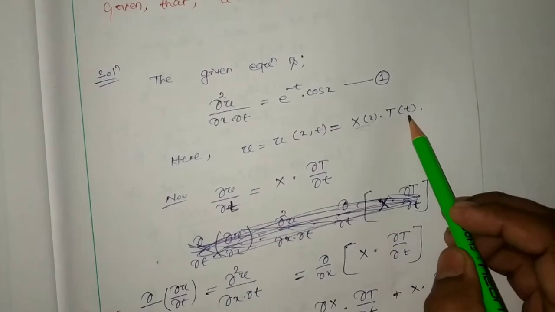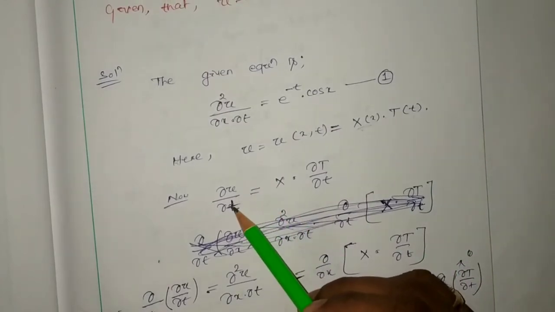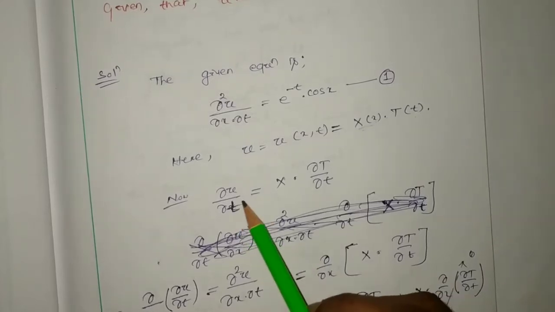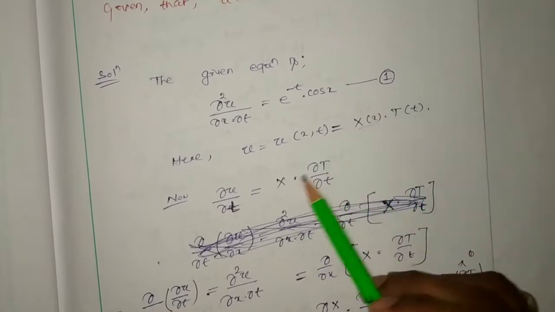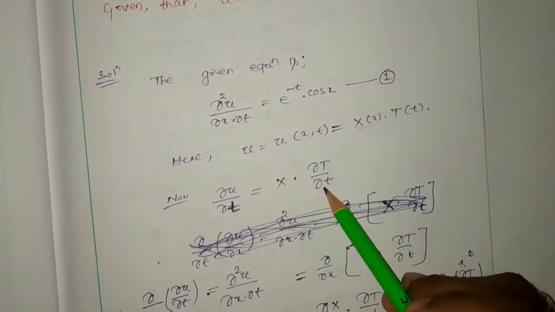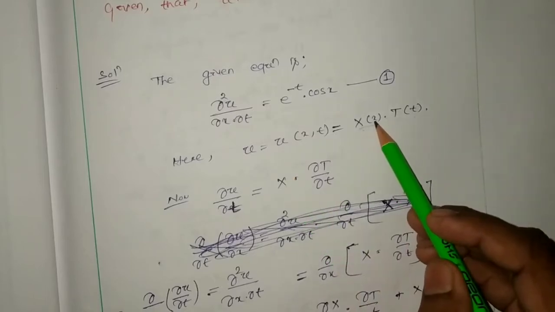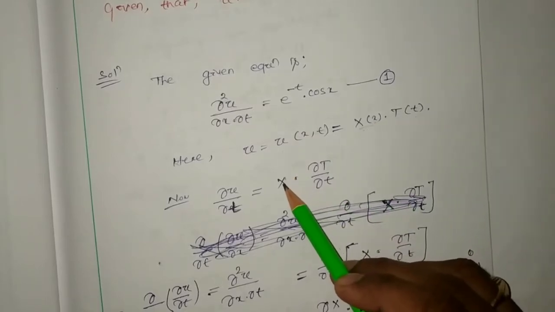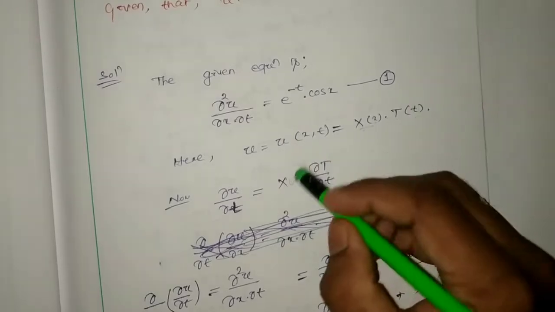Now we have to find del u by del t. How much will it be? Del u by del t will be, here X will be constant, into dT by dt. Again and again I am not writing the function of x, but keep in mind that this X is a function of x.